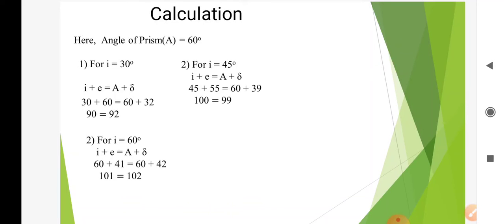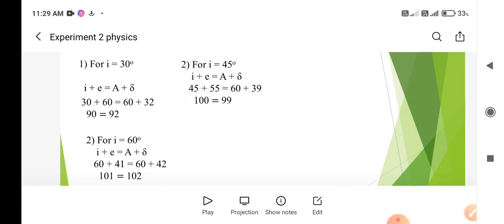What does it indicate? It indicates that if the left hand side is approximately equal to the right hand side, then our experiment is successful. Okay. We know whenever we are performing a certain experiment, there will be some errors in measurement. So we have to neglect those here.